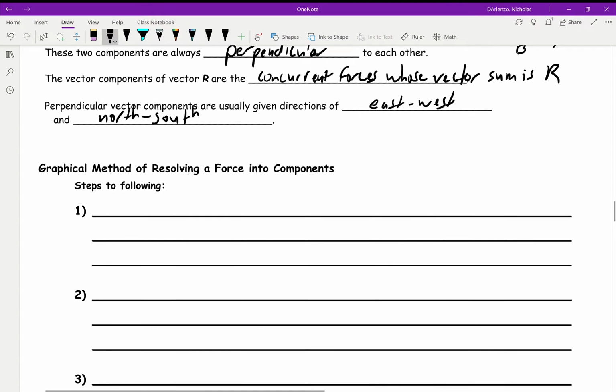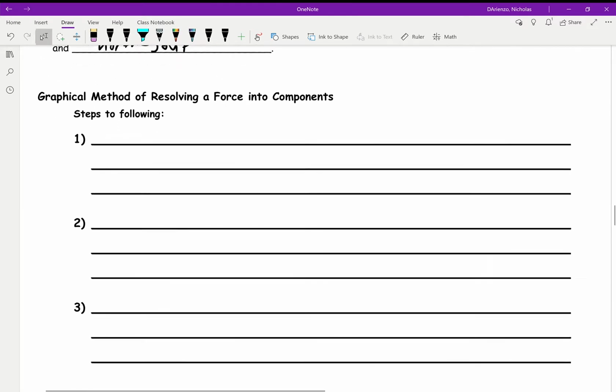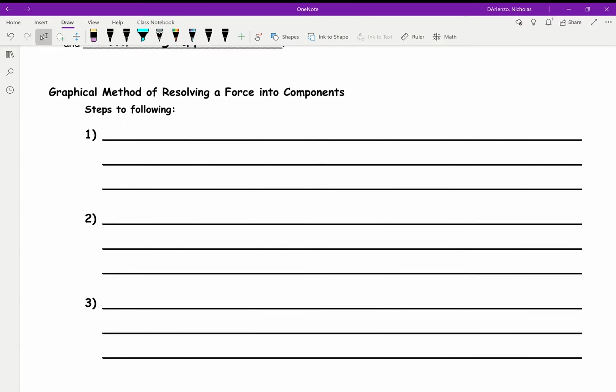Now we'll look at both an algebraic method and a graphical method of resolving a force or a vector into its component parts.